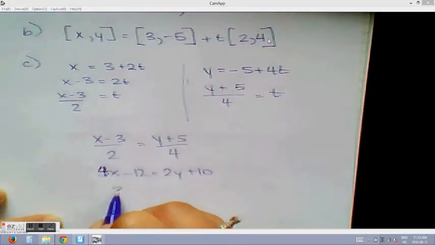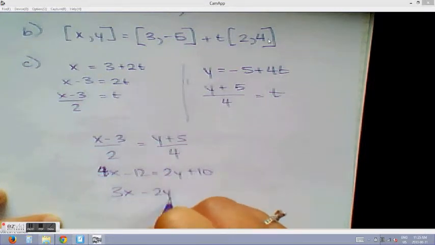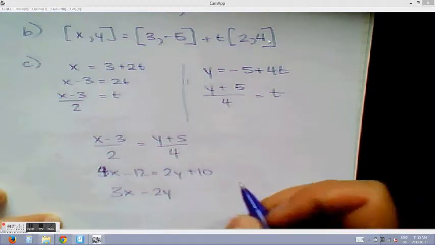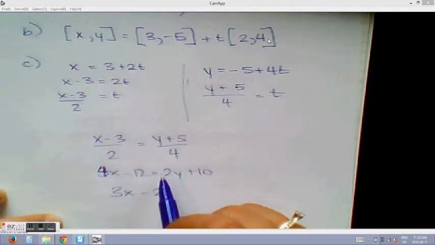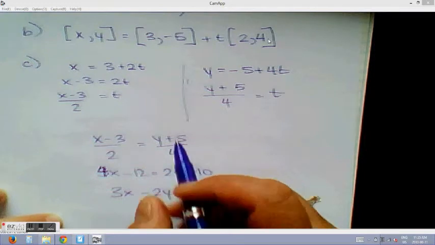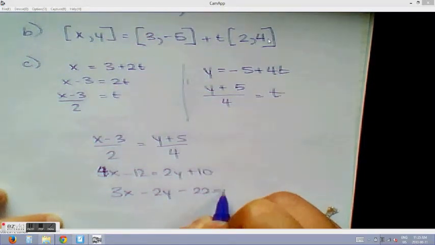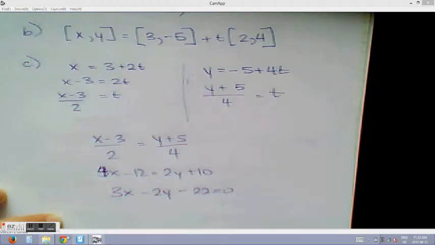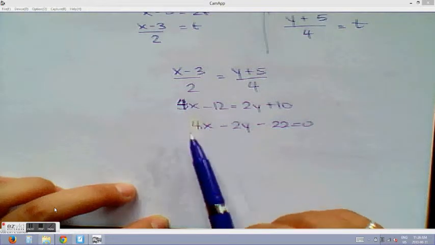Rearranging, so 3x minus 2y, and then moving this over, that works out to be 4x again.